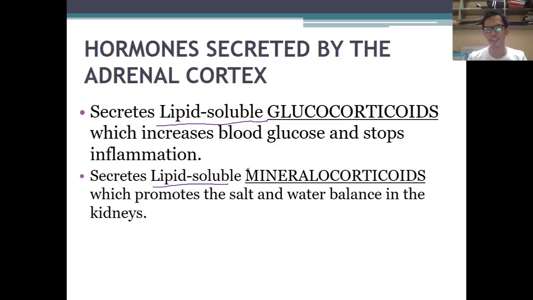The glucocorticoids are somehow needed to stop the body's inflammation. For example, you are doing some body workout. In order to stop that inflammation, glucocorticoids kick in and help stop inflammation in the muscles. Next one, the mineralocorticoids are used by the kidneys to maintain the balance of salt and water.